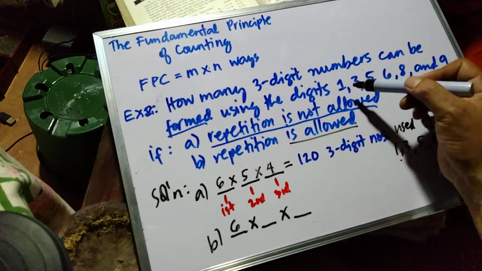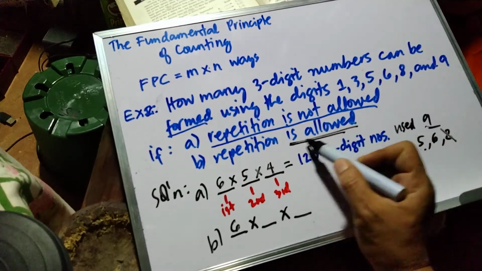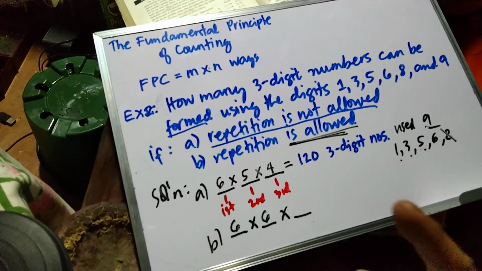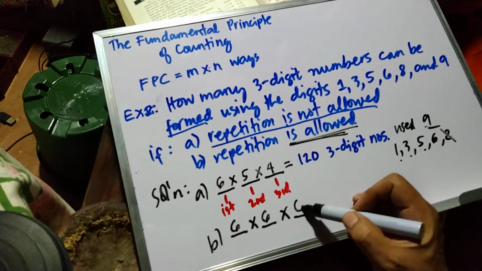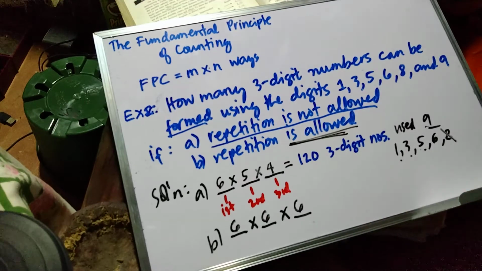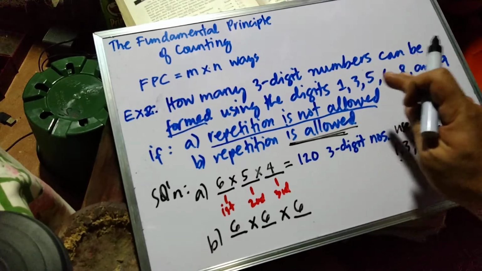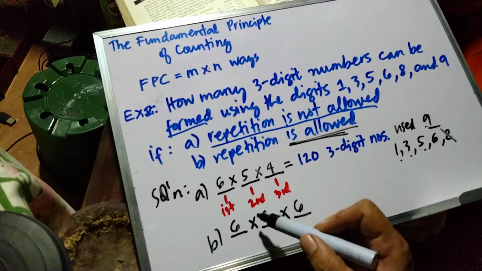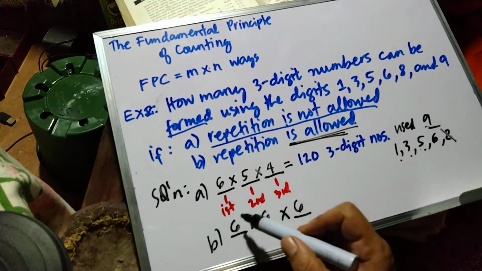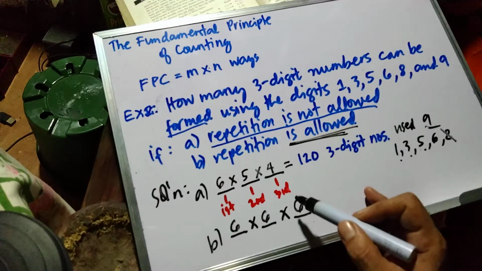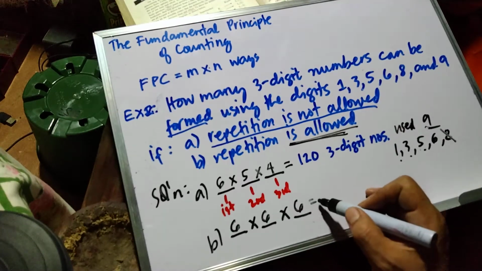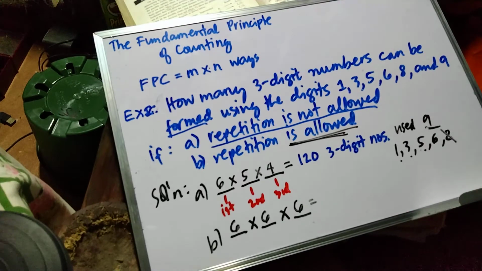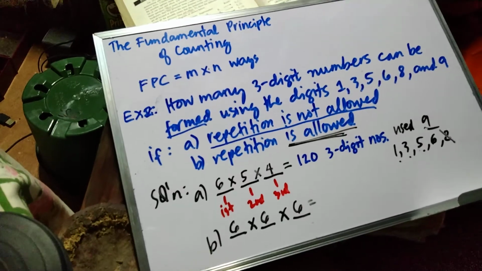Again, we can still use 6 because we are allowed to repeat. So we have 6. And that is also true for the third digit. So these three digits can be repeated, correct? So we can use the 6 numbers for those 3-digit numbers that we are forming. So we have 6 times 6, 36, correct?